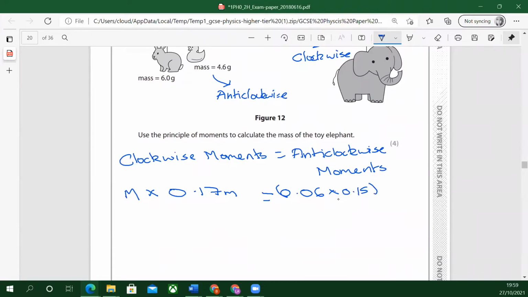Right, that's the rabbit. Plus then the duck: 0.046 times the distance 10, so just 0.1. Okay, so let's put equals.